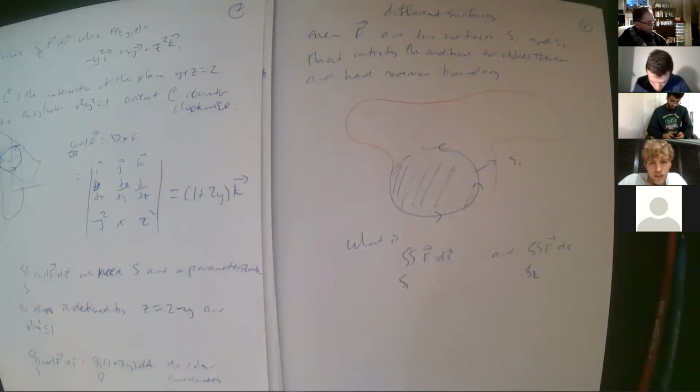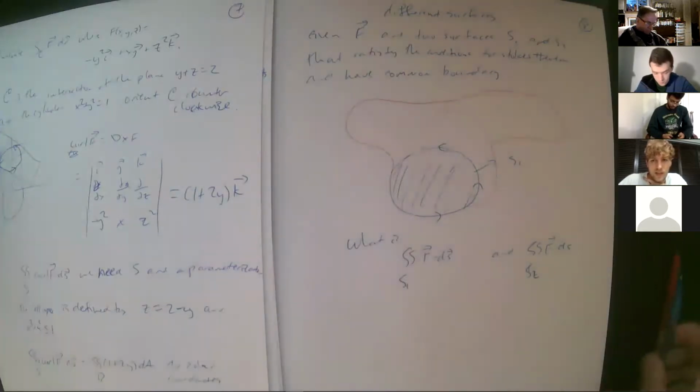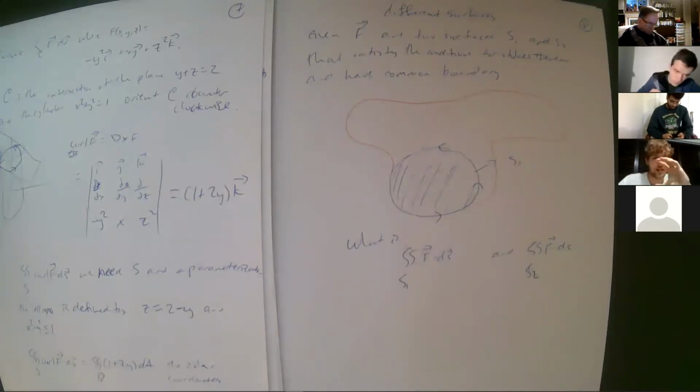I feel like anything that passes through S1, because S1 is smaller than S2, like a vector field whose vectors are parallel to the normal vectors on S1, whatever passes through S1 has to be what goes through S2.